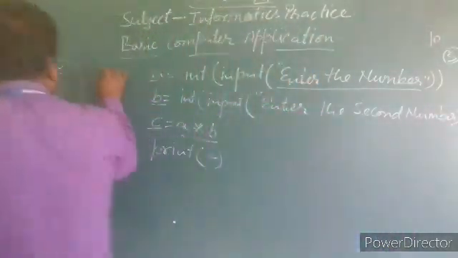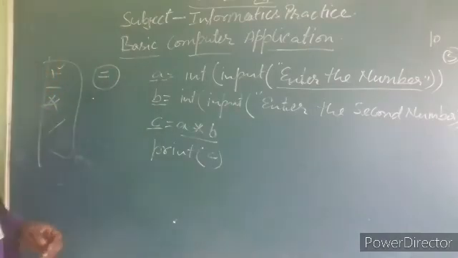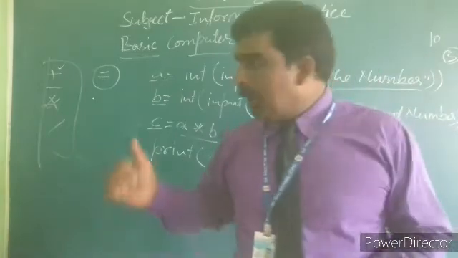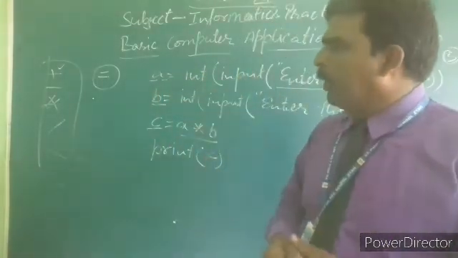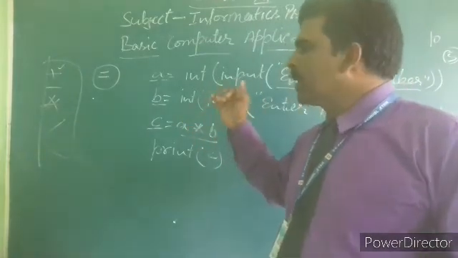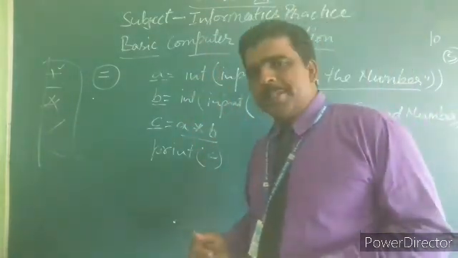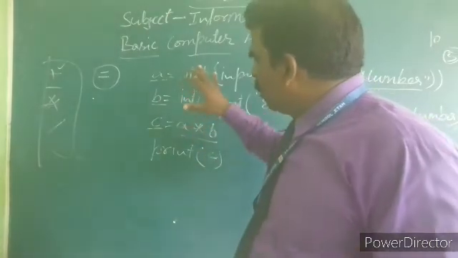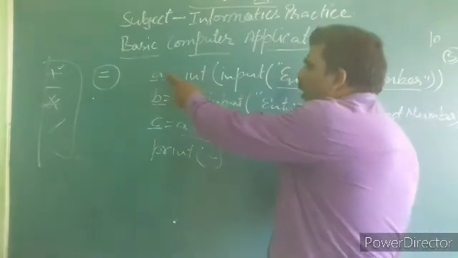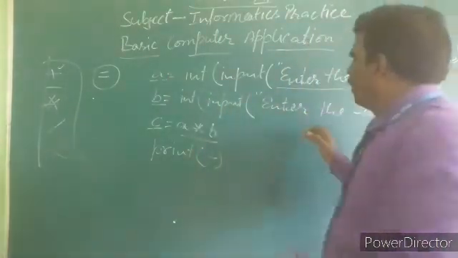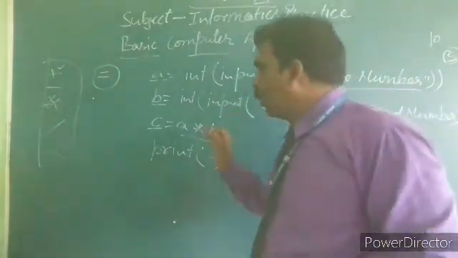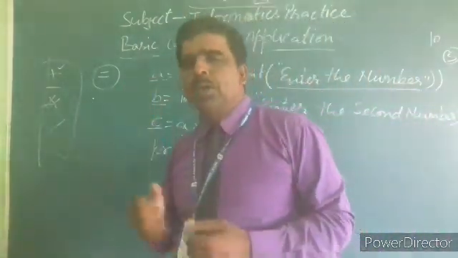Here one more, that is equal. It can be called an assignment operator. So in this program we are taking both types of operator, and later we will discuss the operators. In this program, equal is there and multiply is also there, so you can understand which type of operator you are using in this program.